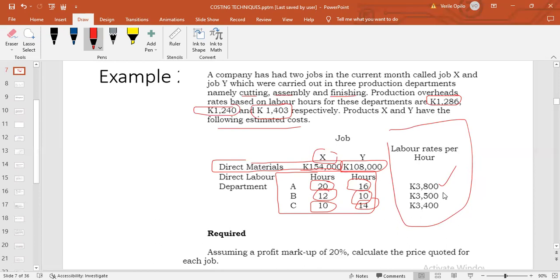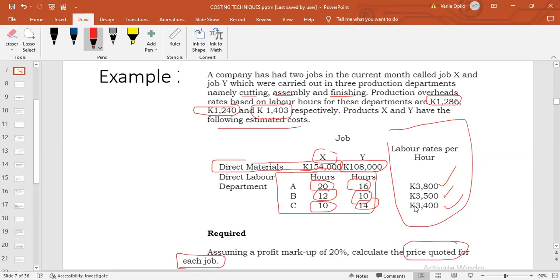And then we also have 3,500 for department B, and then per hour they spend 3,400 in department C. You're told that assuming a profit markup of 20%, calculate the price quoted for each job.